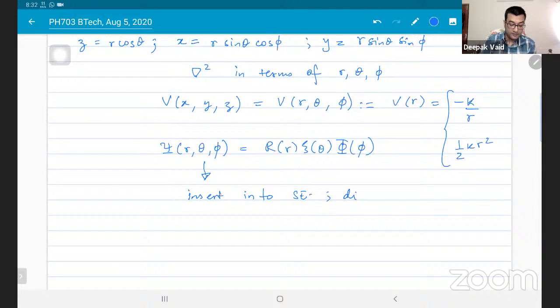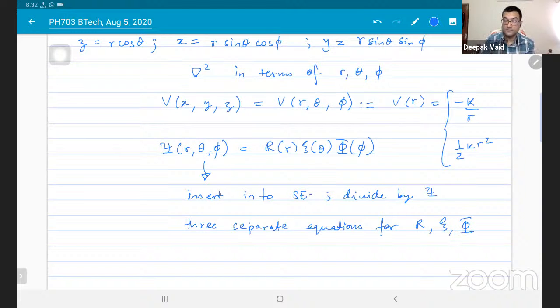You divide by psi, and then you get 3 separate equations: for the function of r, the function of theta, and the function of phi.